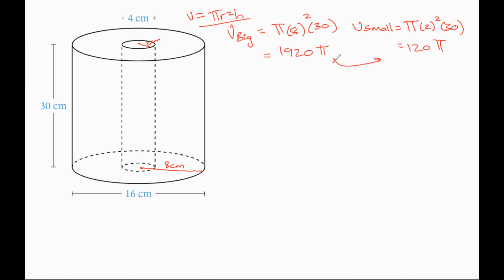And then we subtract those two, and that gets me the volume that I'm looking for, which is going to equal 1,920 pi minus 120 pi, which is 1,800 pi.